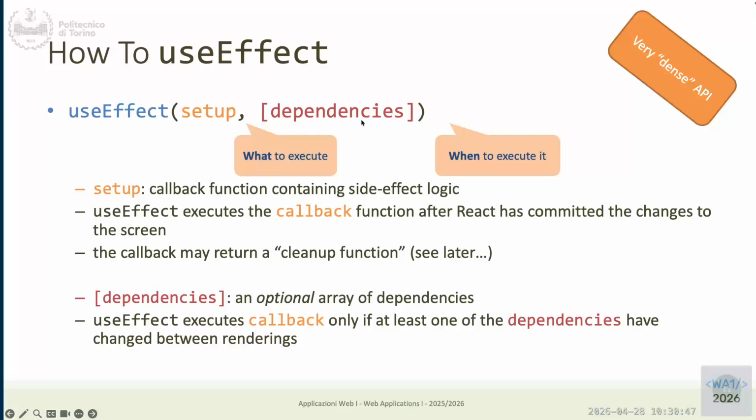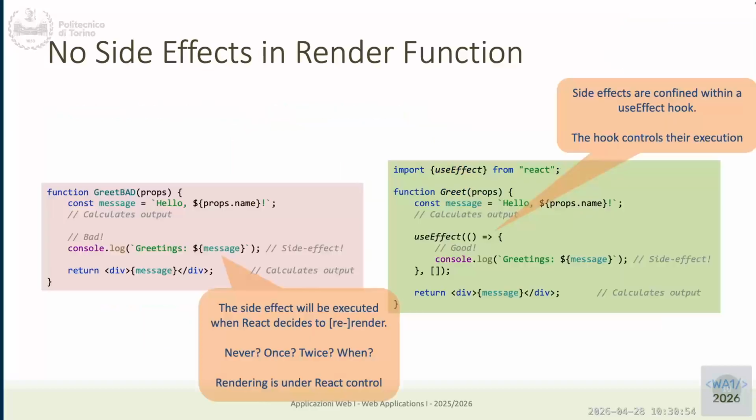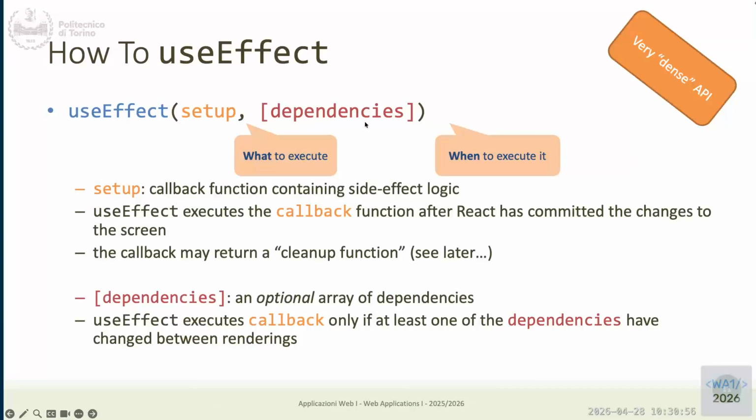Dependencies are a set of variables that are monitored by React, and when one of these dependencies changes for some reason, they may be props, they may be state variables, the effect is run again. The function is run again.